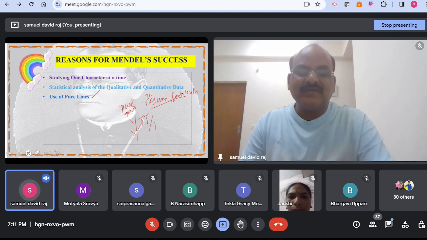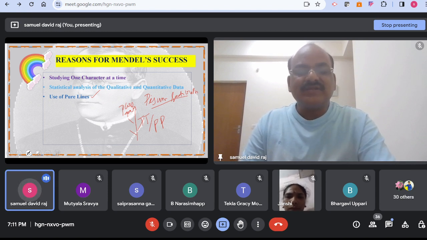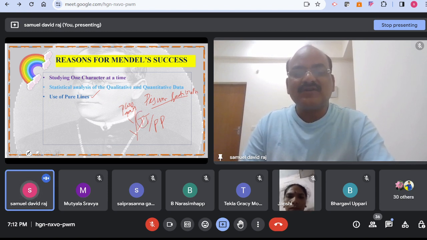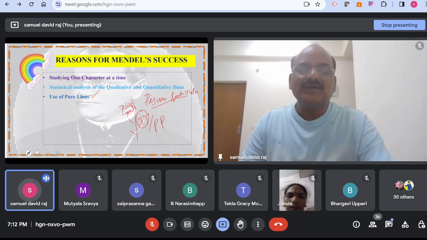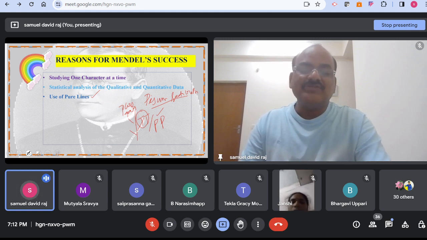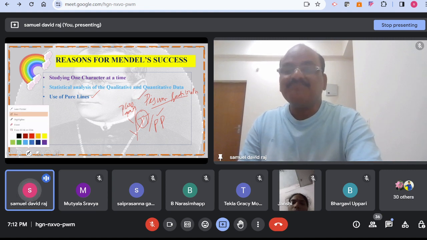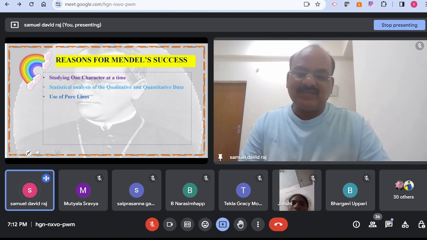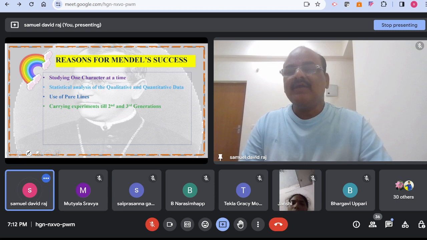If it is for flower color, it has both the genes for purple color only. So when you study the inheritance of tallness, you have to ensure that both the genes are for tallness only. So Mendel, by self-pollination technique, used only pure lines in the parental generation for his experiments.